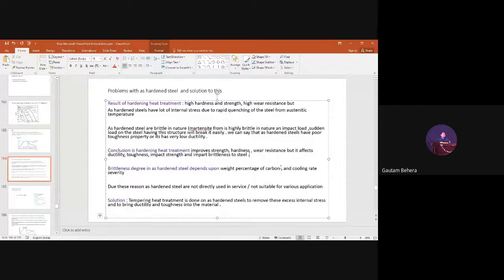Anything else? Sibasis, you can answer. Any kind of surface phenomenon like scratch or indentation.